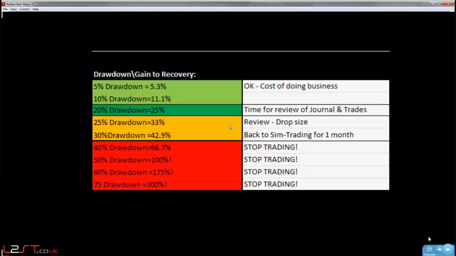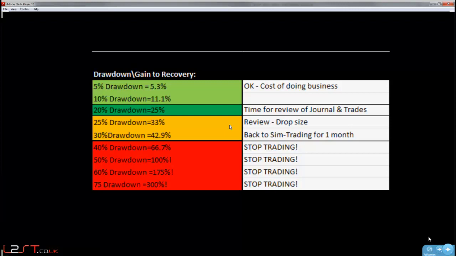You can't just take risk until you've blown out your account. Well, you can, but it's not a good way of going about it. You never trade with capital that you can't afford to lose. So never trade with scared money. Always trade with money that you're willing to take some risk with.